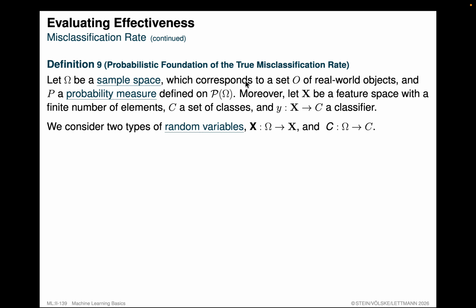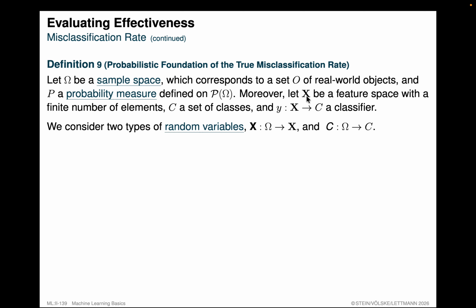And this, in our definition here, corresponds to the real-world objects. So the real-world objects are the outcome of a random process. And we have a probability measure which is defined over the power set of omega, which is our event space, Ereignisraum.